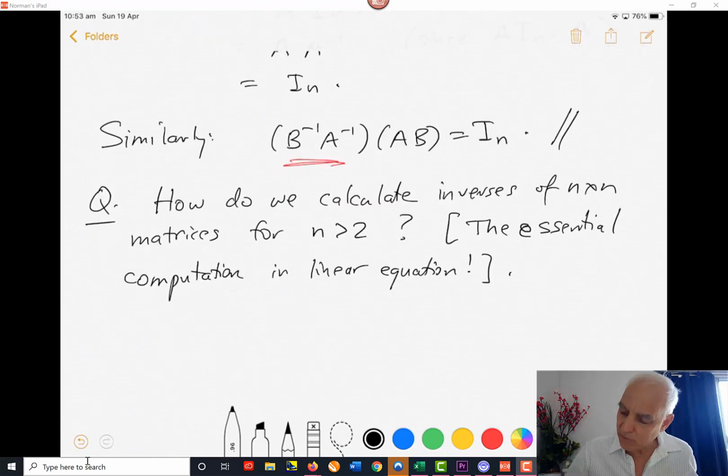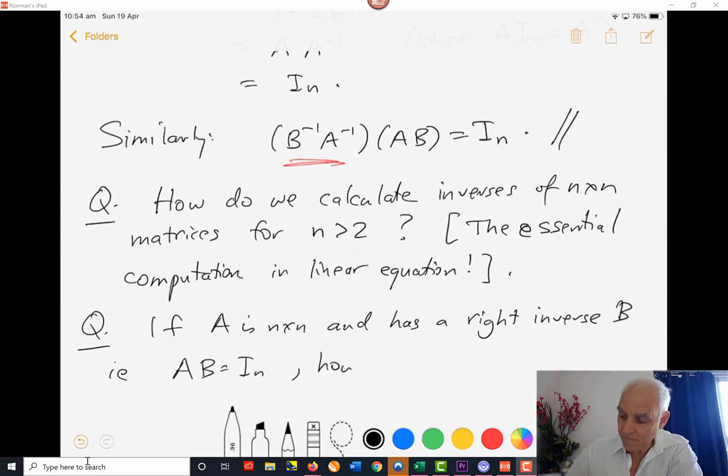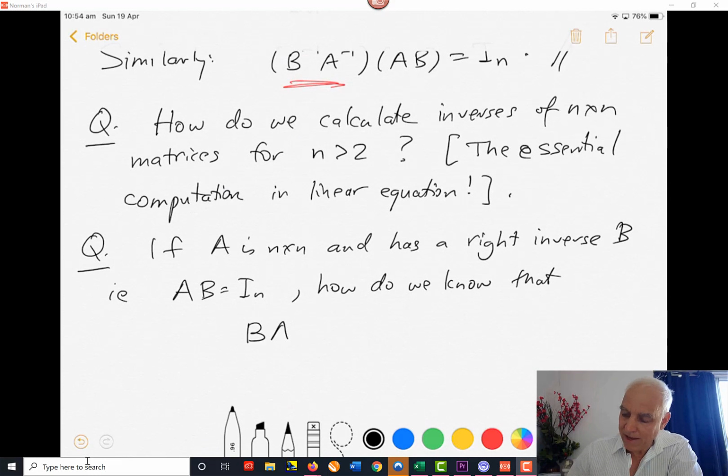Another technical question, a little bit more subtle, is this: if A is n by n and has, say, a right inverse B, that is, suppose we know that A times B is the identity matrix, how do we know that B times A is also the identity matrix?